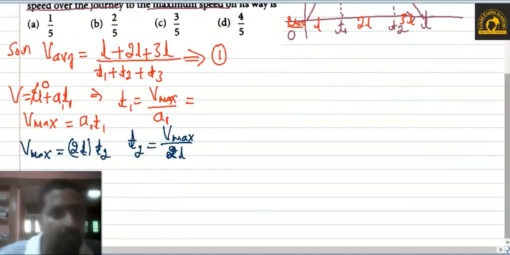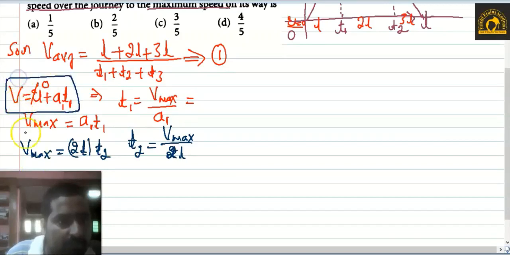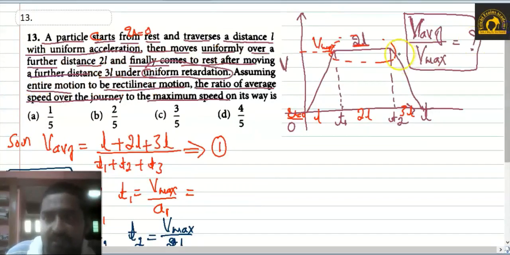Then the third one. The final velocity is 0, and the initial velocity is V maximum. Let's see the graph.